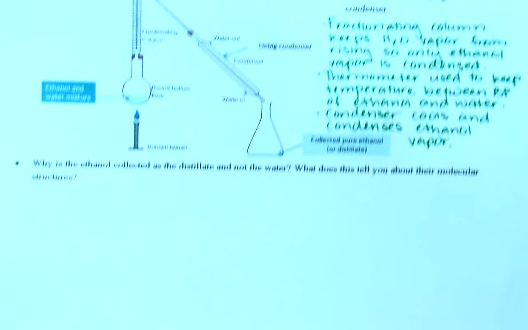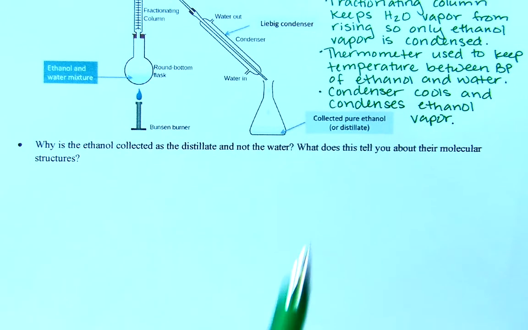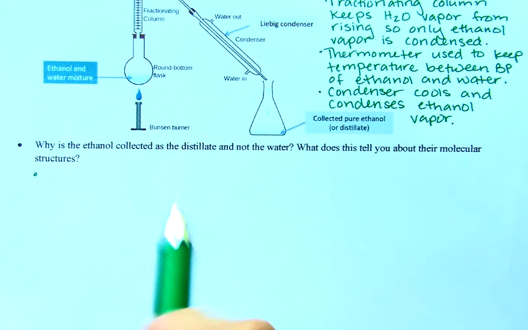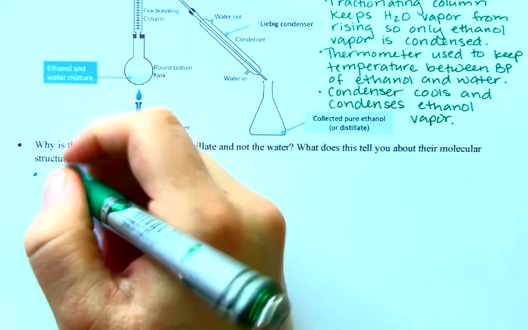Why is the ethanol collected as the distillate and not the water? What does this tell you about their molecular structures? Okay, so ethanol is more volatile and it's easily vaporized. We can tell that because it was collected first.